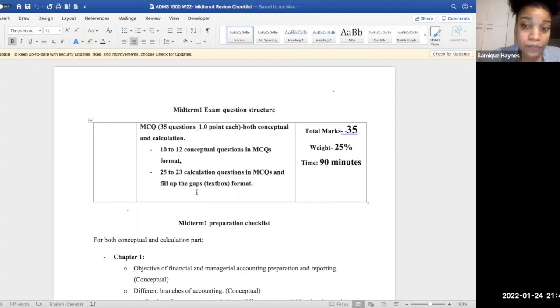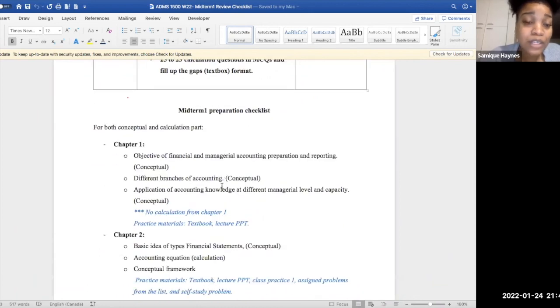Total marks, 35 marks. The weight of this exam is 25% of your grade, and it will be, as we said before, 90 minutes, 1.5 hours. We go down and notice it tells us exactly what you should be looking at for each of your chapters.